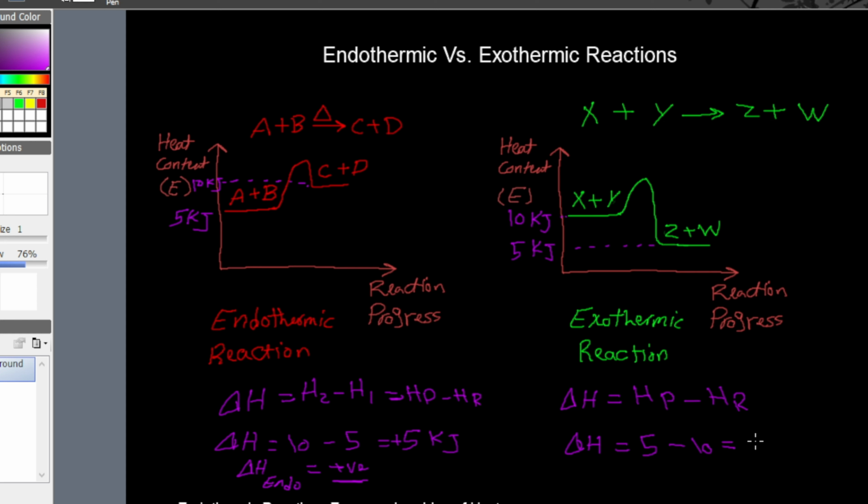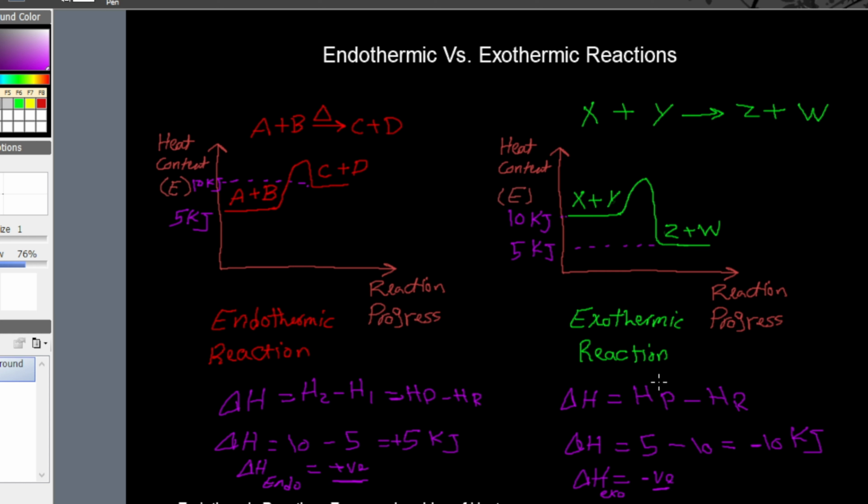So 5 minus 10, this is actually negative 5 kilojoules, right? So the delta H of any exothermic reaction should be a negative value, since the system loses energy to the surrounding, right? This energy loss, this is actually what we feel.